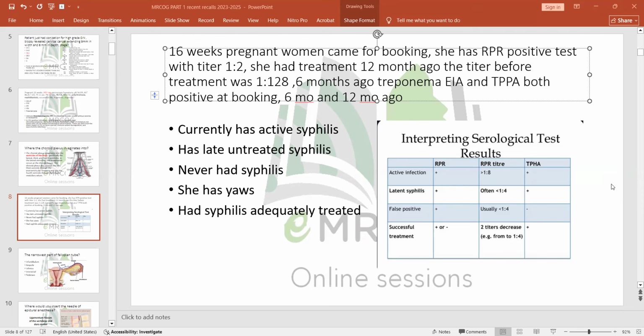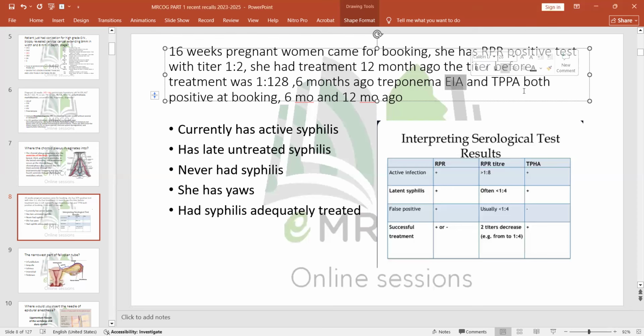So, this woman before the treatment was 1 to 128. Now it is 1 to 2. So she's getting lower. The titer is getting lower. Okay, fine. And still, the EIA and TPPA are positive.